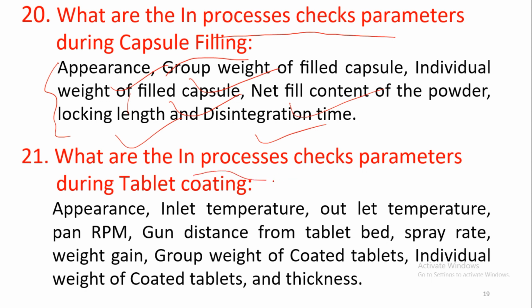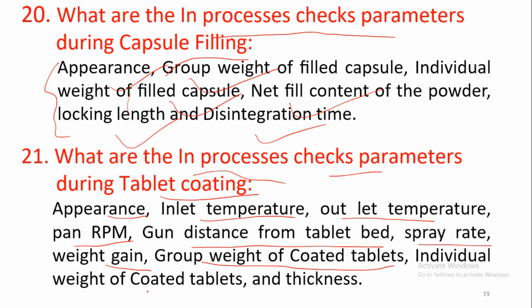What are the in-process checks parameters during tablet coating? Appearance, inlet temperature, outlet temperature, pan RPM, gun distance from the tablet bed, spray rate, weight gain, group weight of coated tablets, individual weight of coated tablets, and thickness. So these are the very important questions asked in the pharma interview for the production department.